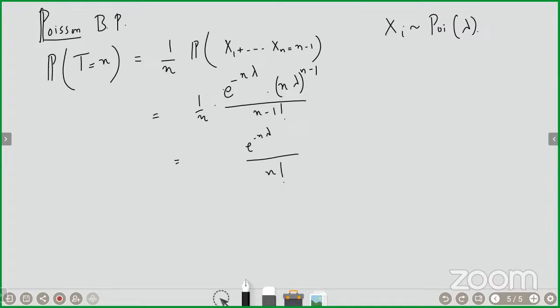It is e to the minus n lambda, and n, times 1 by lambda.